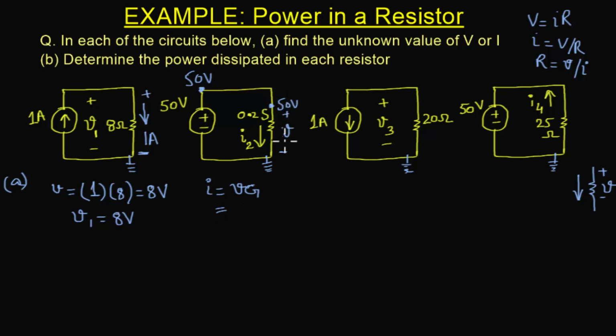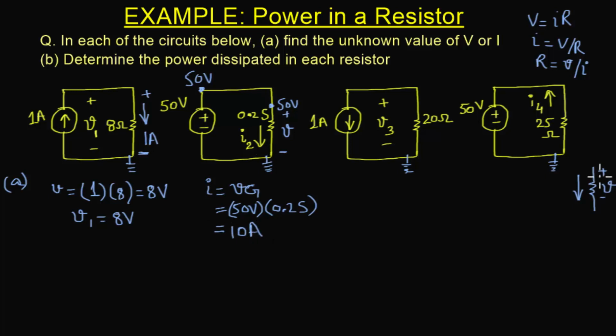So voltage is 50 volts times conductance, 0.2 siemens. And when we multiply that, 50 times 0.2 is 10. And since we are finding current, it is going to be 10 amperes.